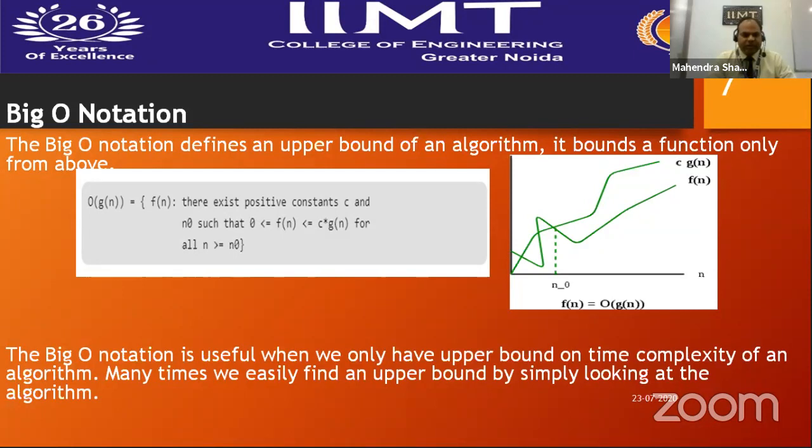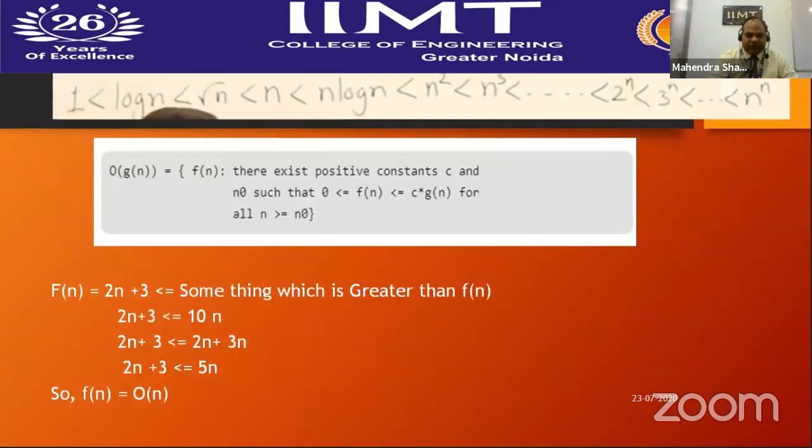What is the meaning of this definition? Let's discuss with the help of this problem. See, I have written some function comparisons over here. One is less than log n, less than root n, less than n log n, less than n square, less than n cube, and so on.